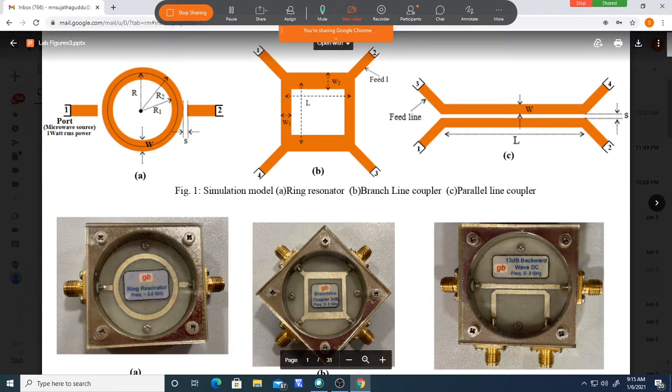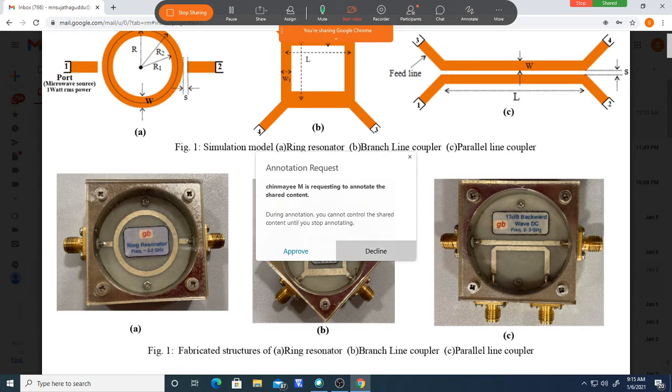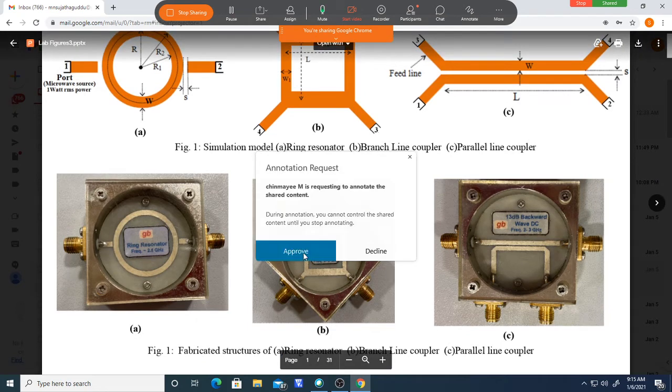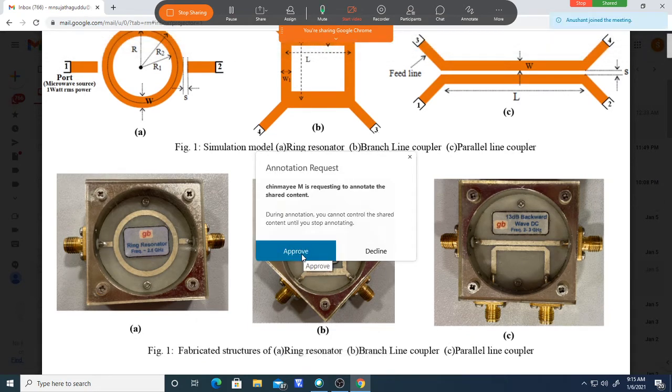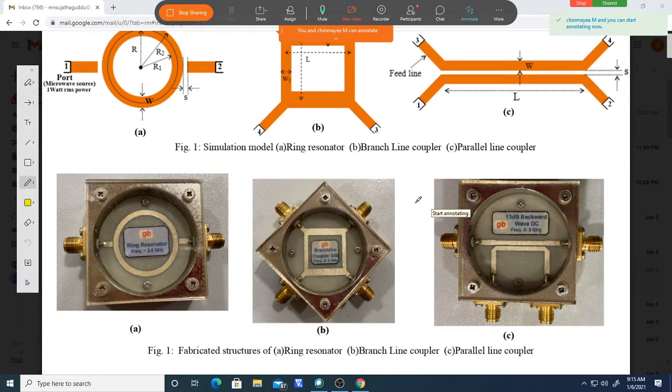If you want to measure a power from here, you have to measure the power flowing through port 2.